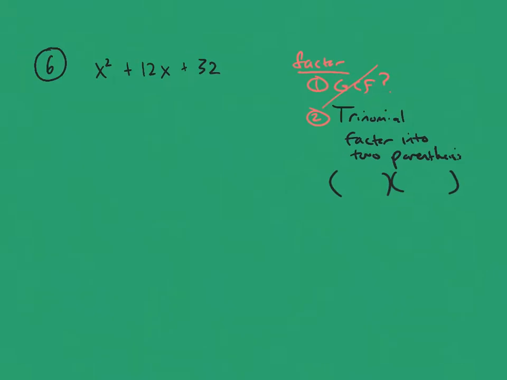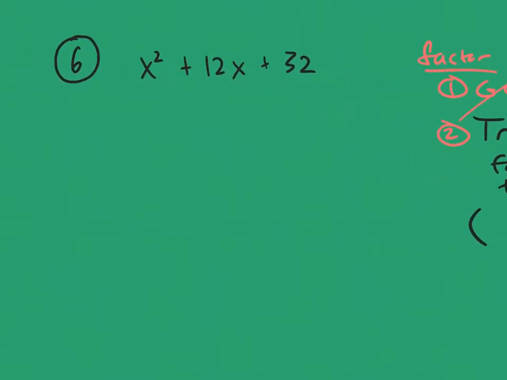So for this one, they're going to factor into 2 parentheses, and the thing that goes first in those parentheses has to multiply to be x squared. So 2 things that multiply to be x squared. Hopefully this is the easiest part, x and x.